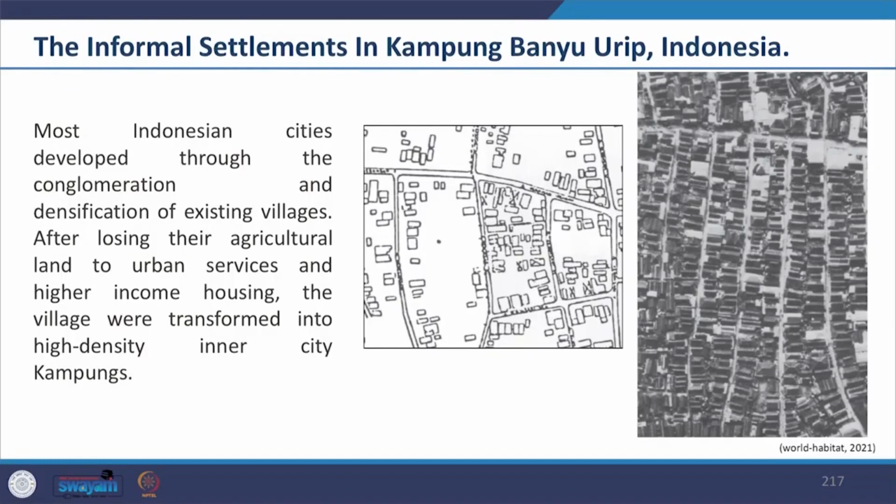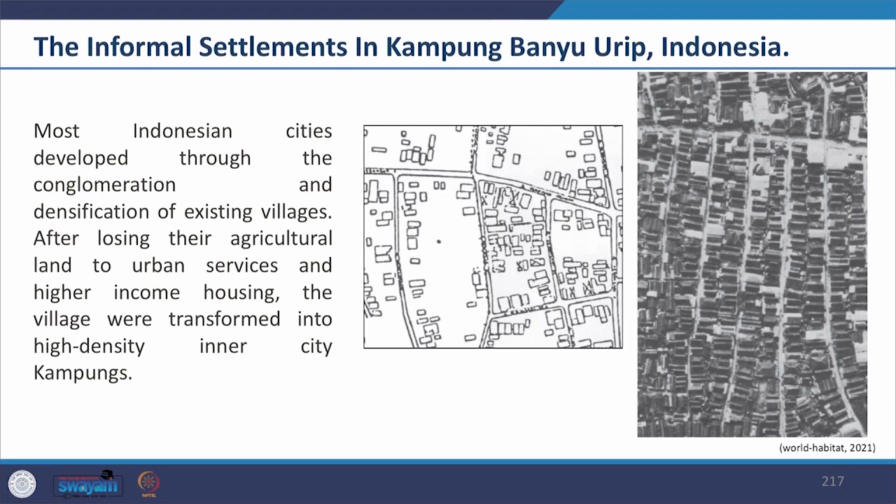The next case we see is from Indonesia, where you can see a participatory approach was adopted. This is from Kampung, where the informal settlement provides homes for 63% of the population, and this was improved.